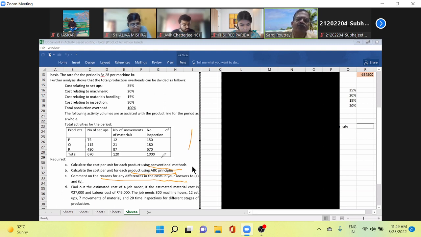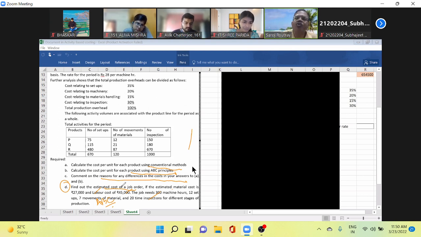What about the difference you find in the cost? What is the reason behind it? Fourth is, if there is a job which is having this kind of resources consumed, then what will be the cost of the job? We are not asked which method, so we will be using ABC, but we can also calculate it using any method.